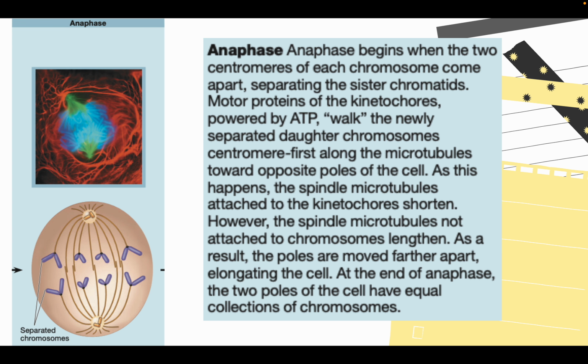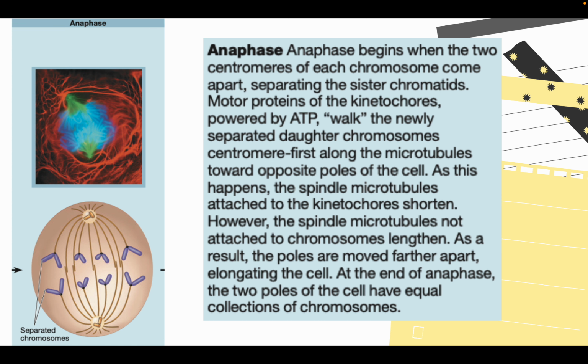Okay? While this is happening, the microtubules connected to the separated chromatids get shorter, and the ones not connected to the chromosomes get longer. This action pushes the poles, or the ends of the cell, farther apart, making the cell stretch out. By the end of anaphase, each end of the cell has an equal share of chromosomes.